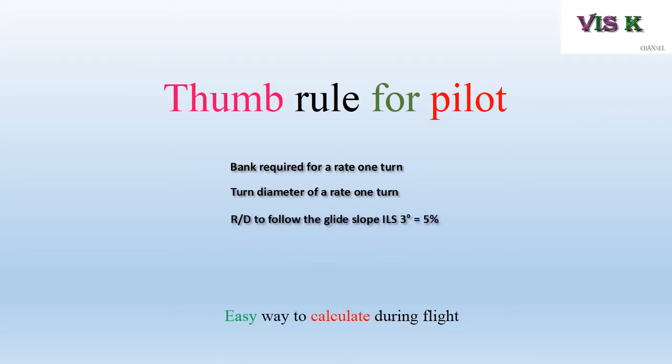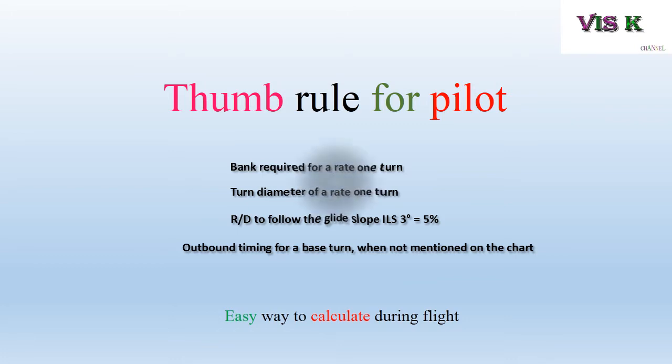The third one, which I think everybody already knows, is the rate of descent to follow a glide slope average of 3 degrees equal to 5%. And the last one is the outbound timing for a base turn when not mentioned on a chart. Some of my followers would like to know more or need more explanation for some formulas.